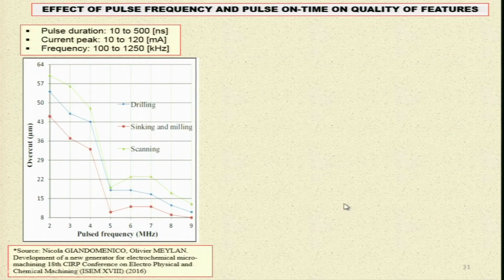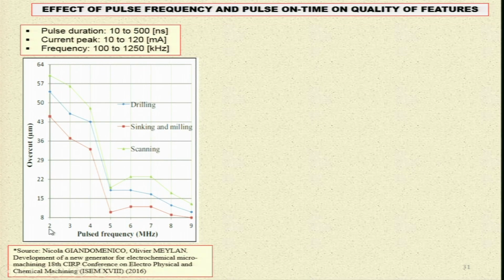Now, effect of pulse frequency and pulse on time on quality of the features. As you can see here, this is the pulse frequency, this is the overcut, because overcut controls the quality of the textures that you are creating. This is the drilling, the sinking one, and this is the scanning one. You can see pulse frequency is making a lot of difference as far as overcut is concerned.